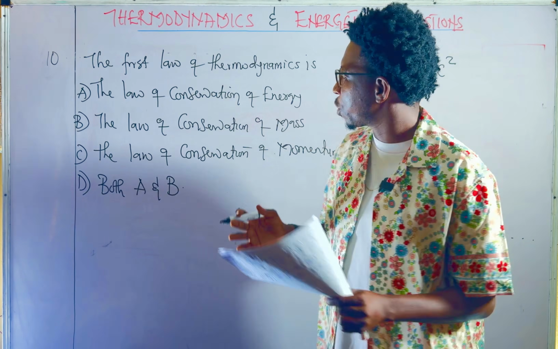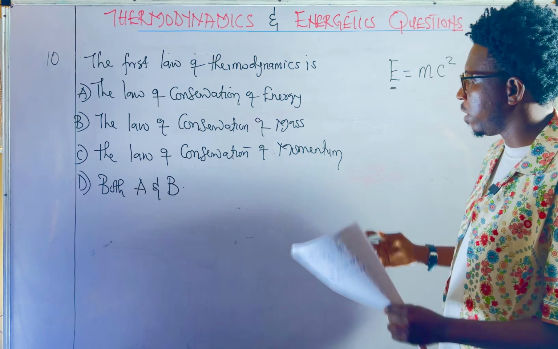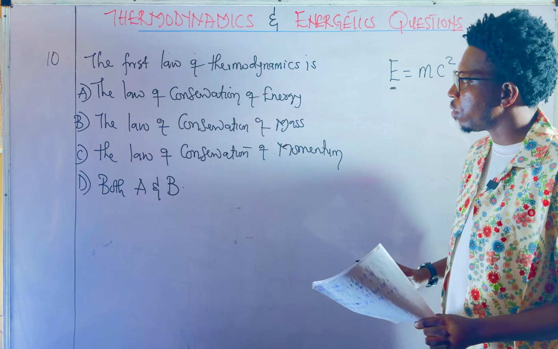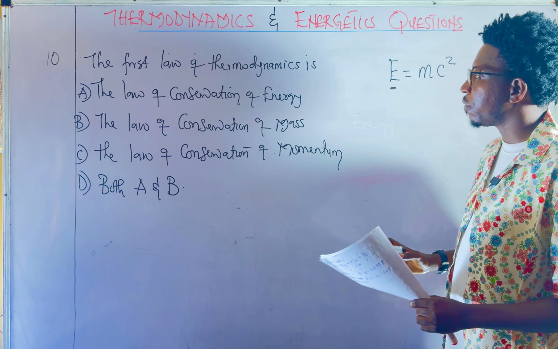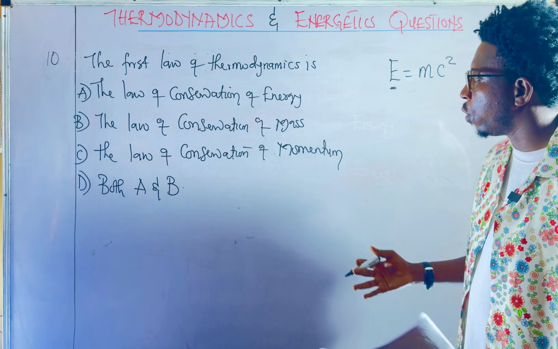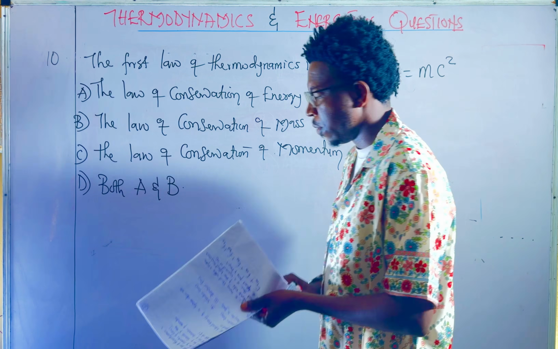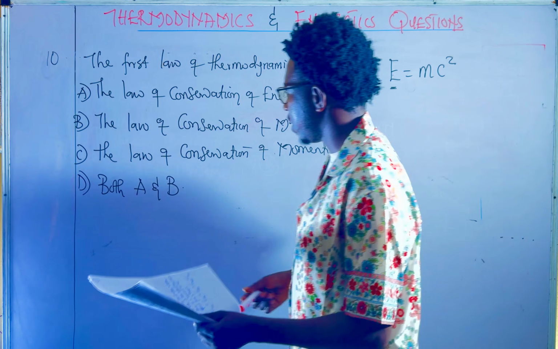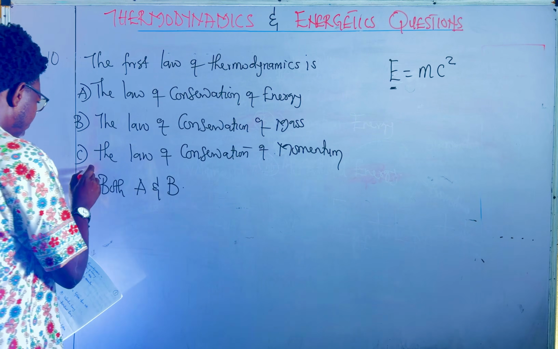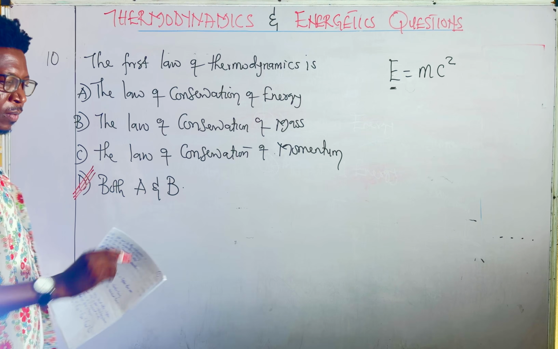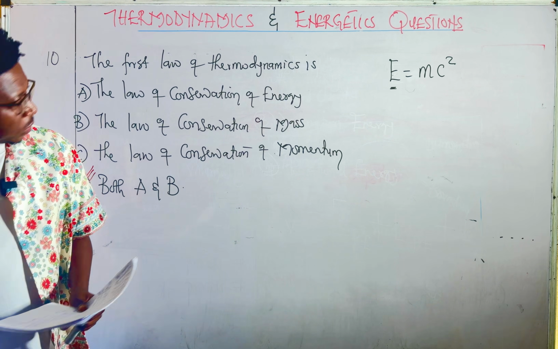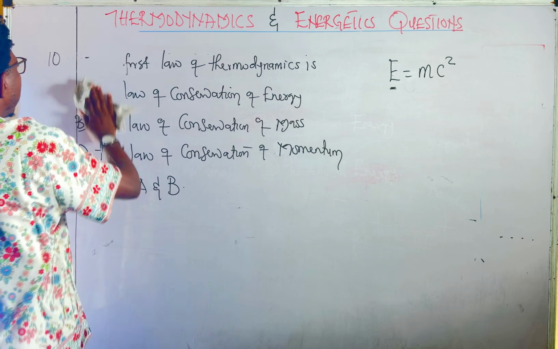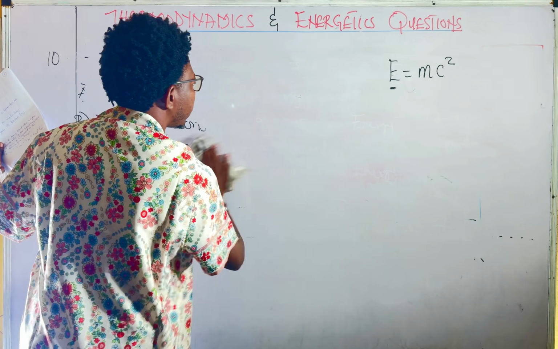So both option A and option B are practically correct. The first law of thermodynamics is the law of conservation of energy, and also the law of conservation of mass. So the answer is option D. Clear? All right.